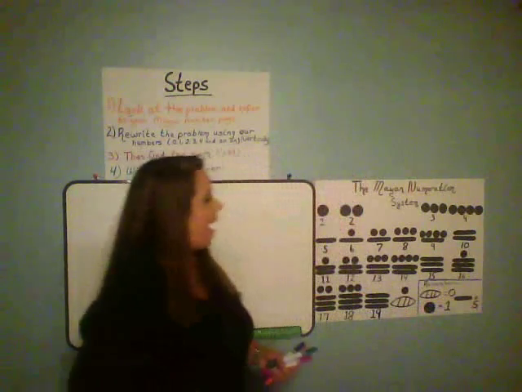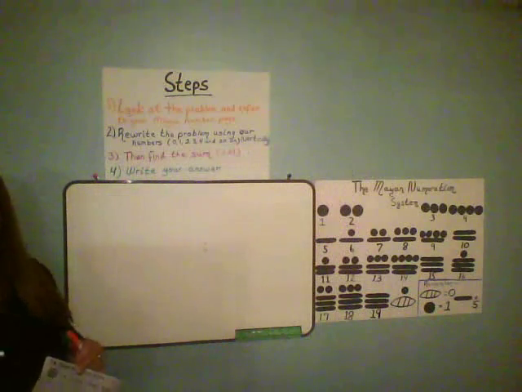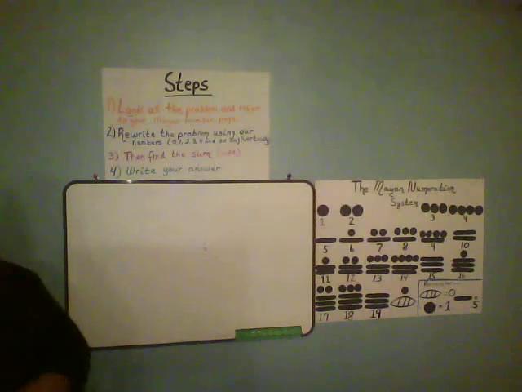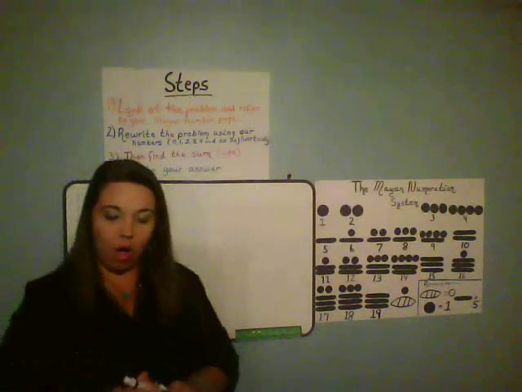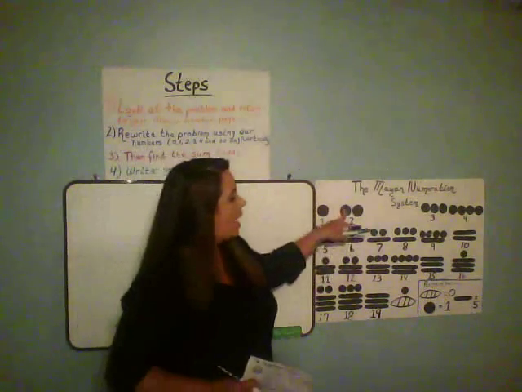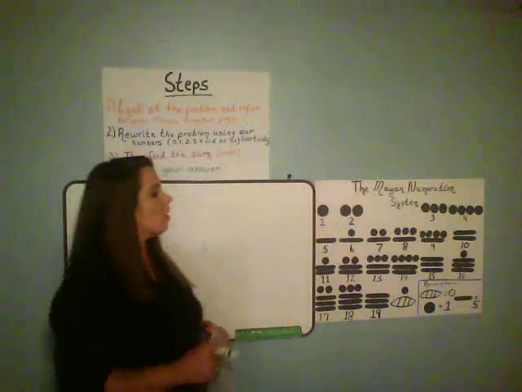The number 5. Now it's important that we remember the Mayans used a base 20, where we use a base 10. They also, like we discussed yesterday, wrote their symbols vertically. They did not write them horizontally.